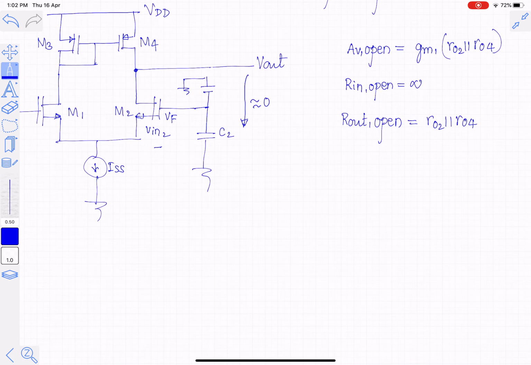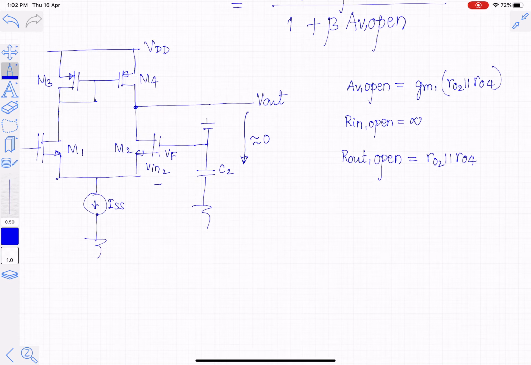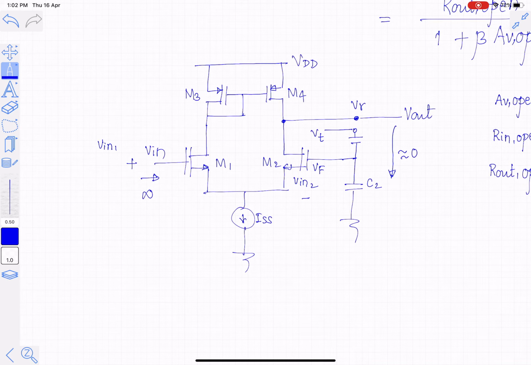What is to be done is the feedback network has to be broken. So we broke it here and apply the test signal Vt at this point and find out what is the voltage VR that is achieved at the other end of the feedback network, the breakpoint. And the input signal should be made 0.